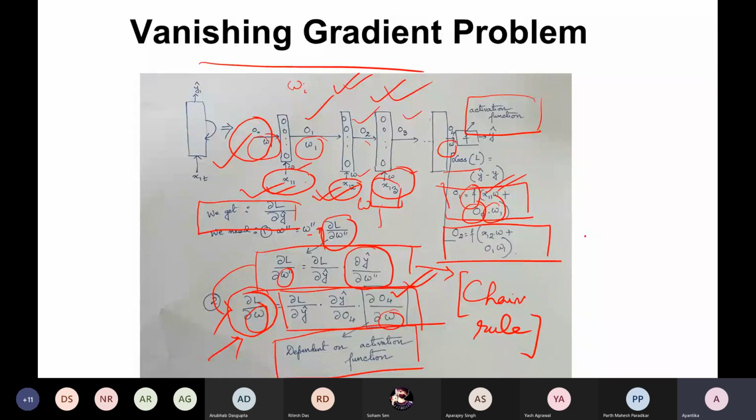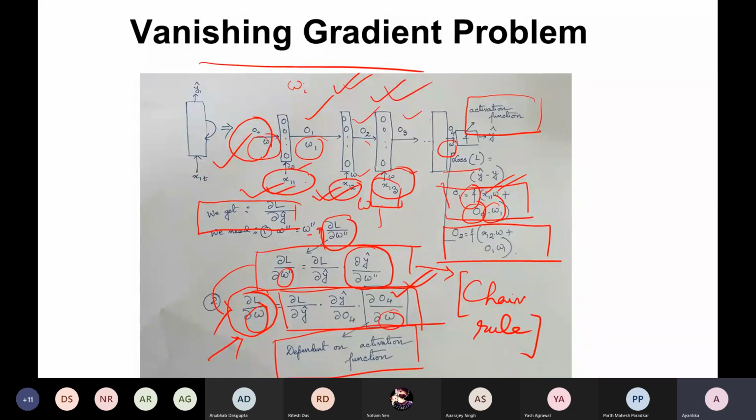It is dependent on the activation function F, whatever you are choosing. So when you perform the derivative, what type of activation function you choose also affects the multiplication result. And it also depends on how many layers you are considering.